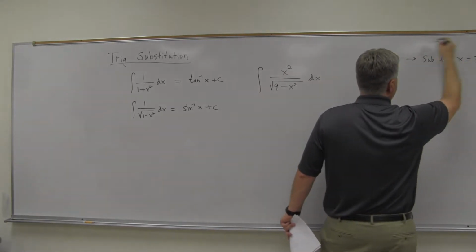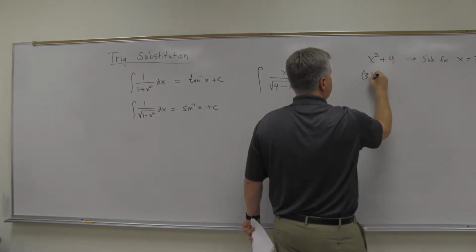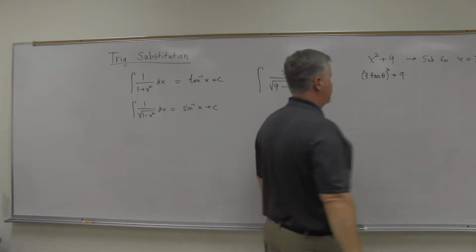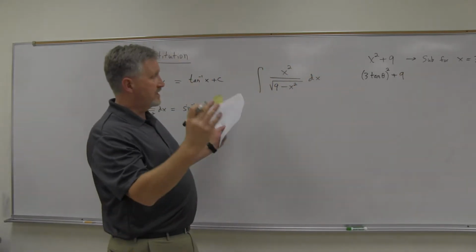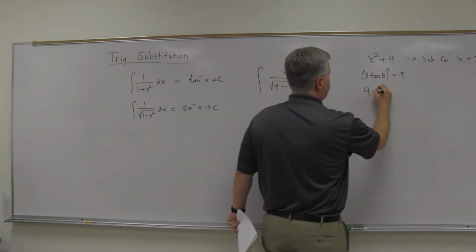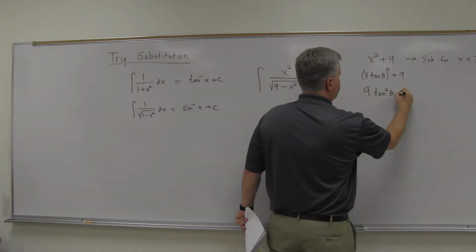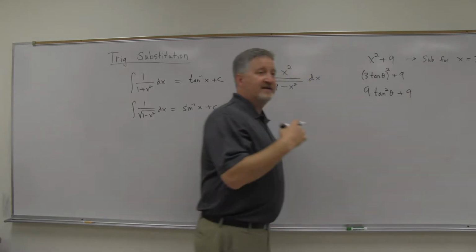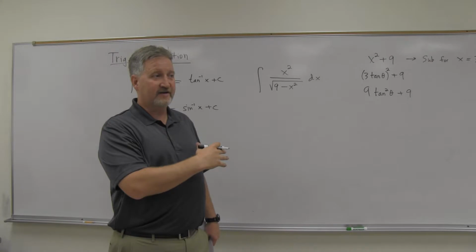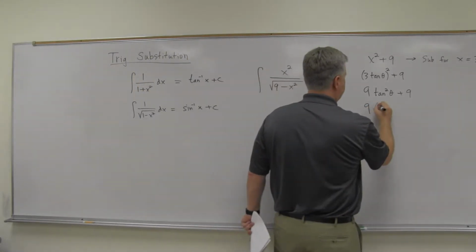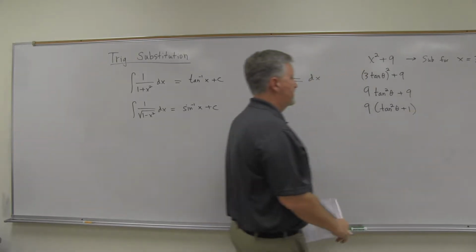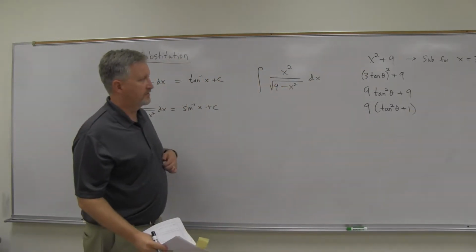So 3 tan theta goes in for x. It'll be 3 tan theta squared, so that's going to be 9 tangent squared theta plus 9. Now you can kind of see why we did the 3, because that will make it factorable. We can factor off the 9 to make it 9 times parentheses tangent squared plus 1.